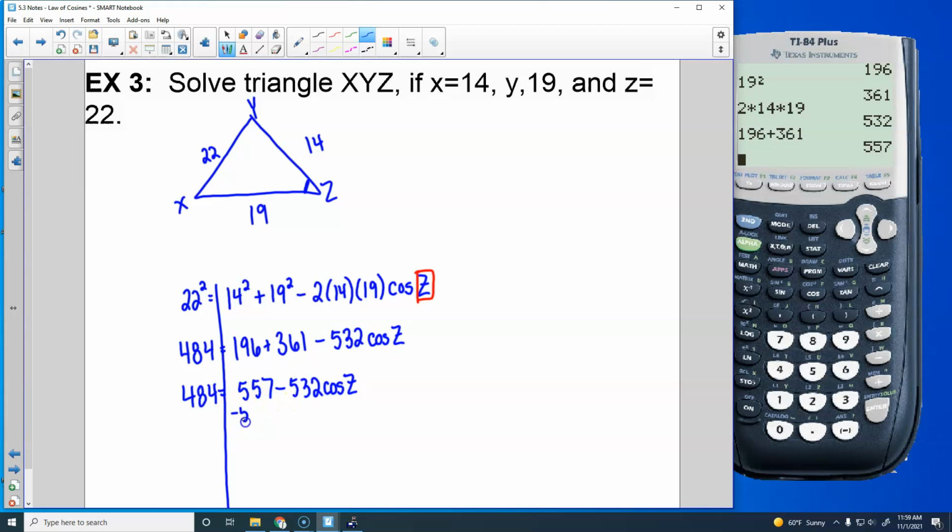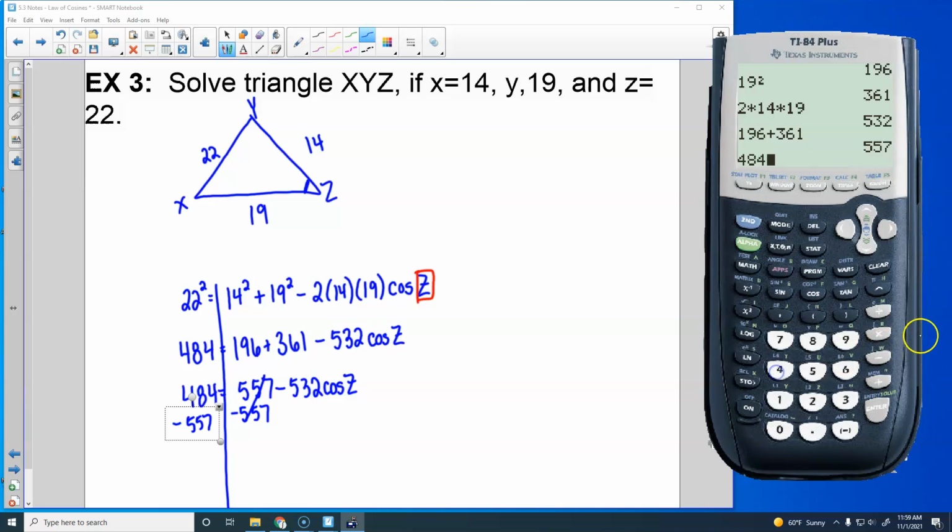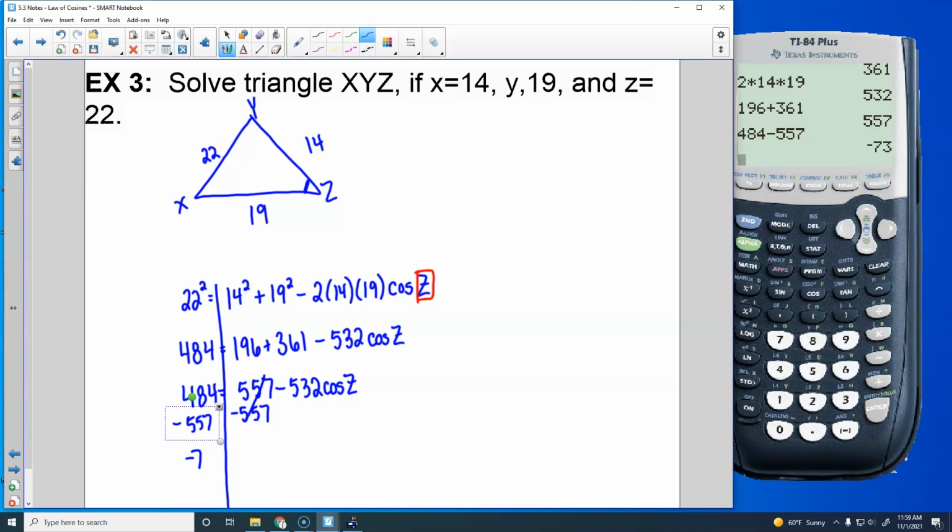What I'm going to have to do now is subtract that 557. So I get negative 73 equals negative 532 cosine Z.